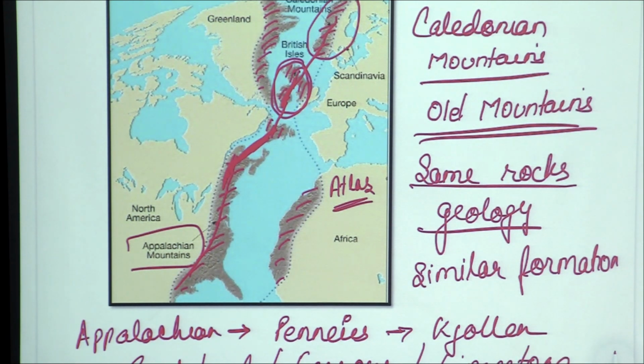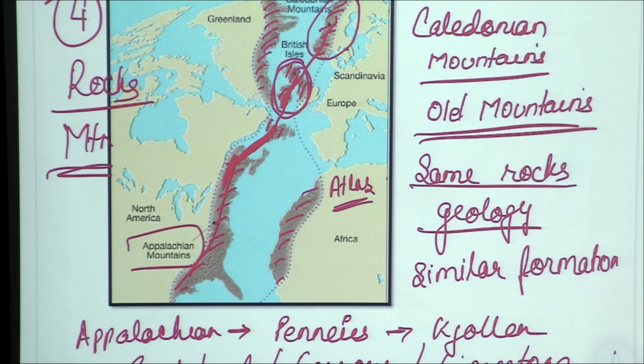So they give me the similarity of their structure also, proving that they were together once upon a time. And that is how we take evidence number 4, that these land masses once upon a time were together in reference to what? Similar types of rocks and similar types of mountain development.